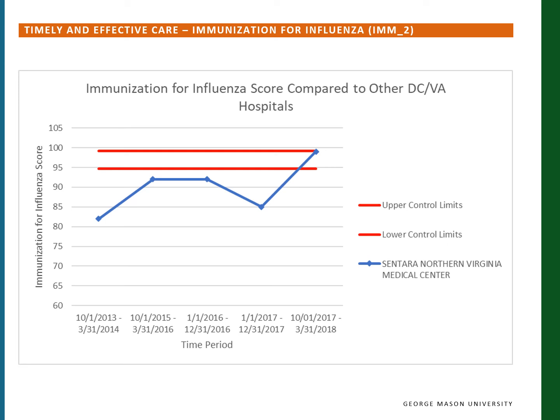This is around October 2017 to March 2018. It hits around 100 for the influenza score.